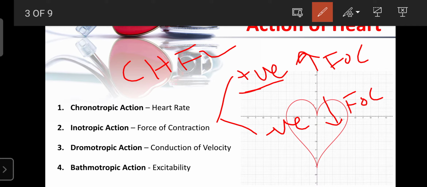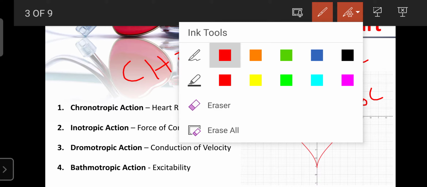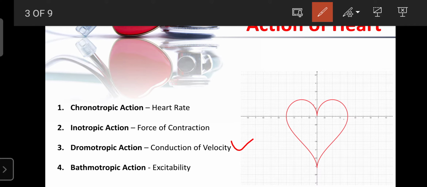Regarding dromotropic, it denotes the conduction velocity. That is how the action potential can transmit from one cell to another cell. So here in the heart, the action potential is generated with the help of the SA node.